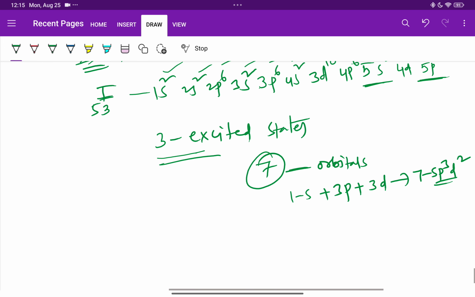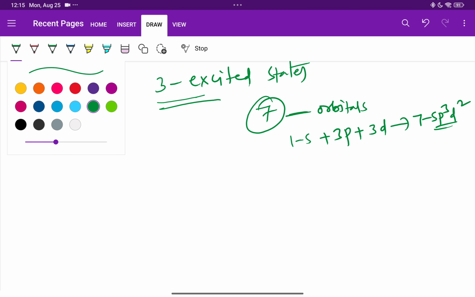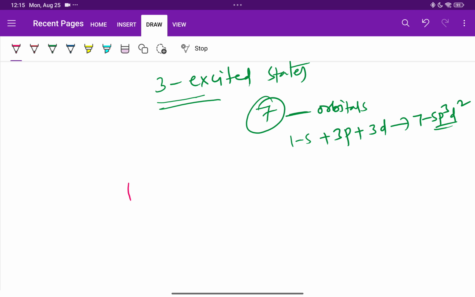And the structure I am going to show you here: iodine, fluorine, fluorine, fluorine, fluorine, fluorine, and this is the structure of iodine heptafluoride.